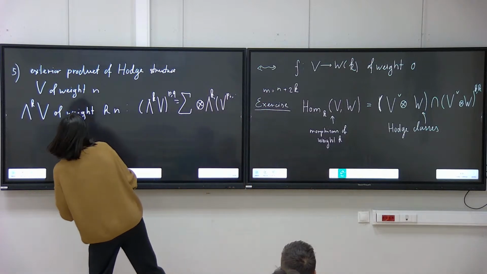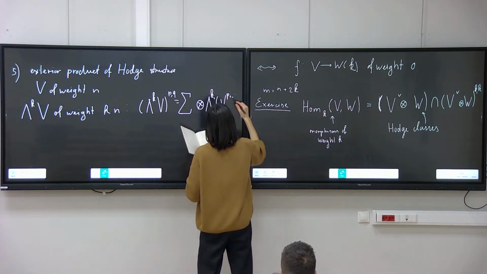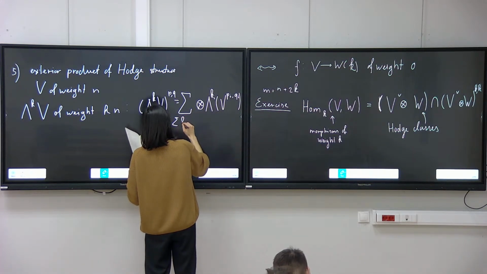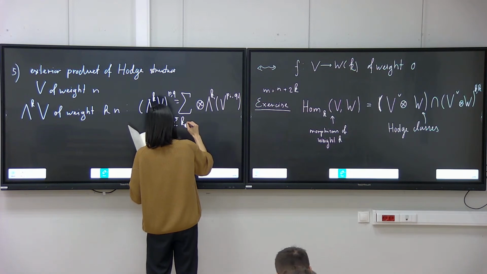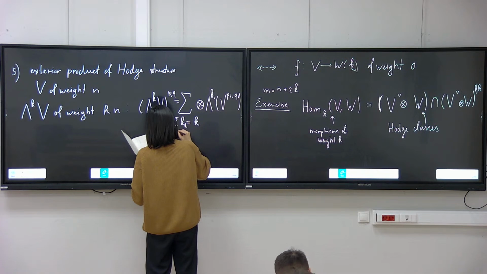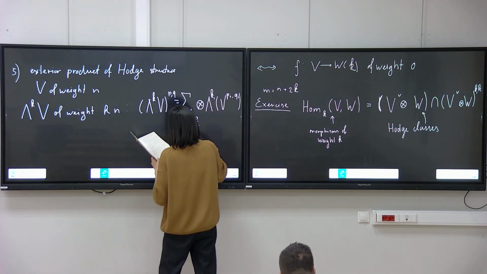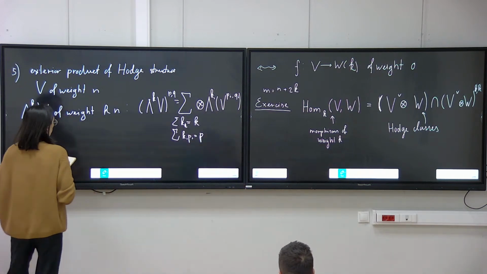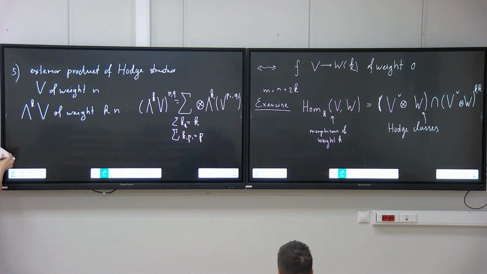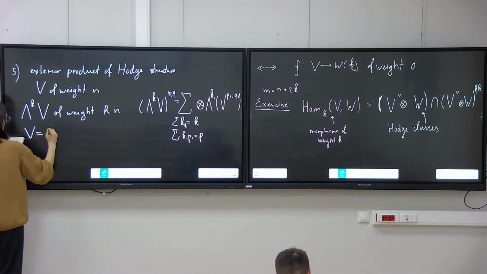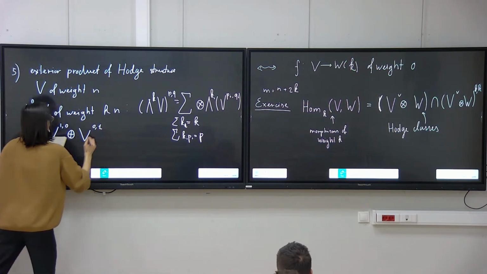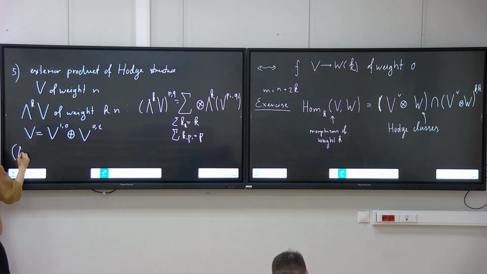Okay, and here of weight kn we take the sum over all such that the sum of the k_i is equal to k, and the sum of the k_i times i is equal to p. So let me illustrate what's going on for a Hodge structure of weight 1. In this case, its second exterior degree is something of weight 2.